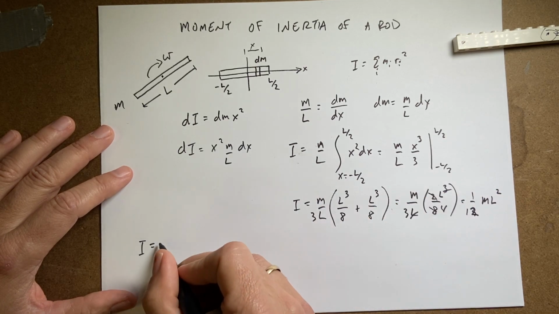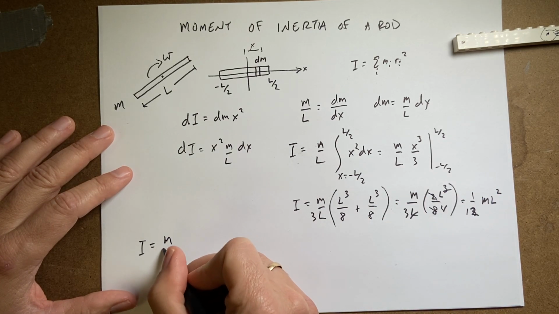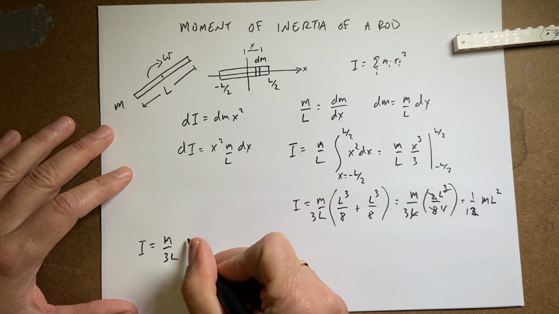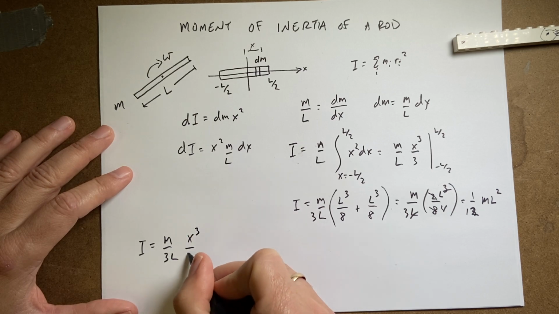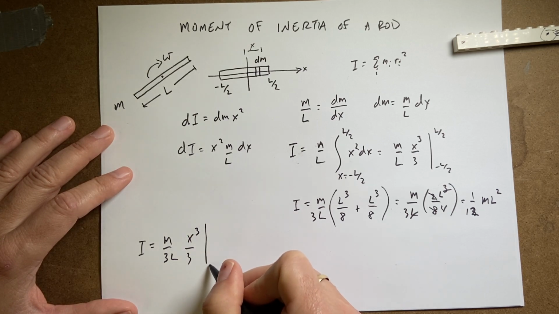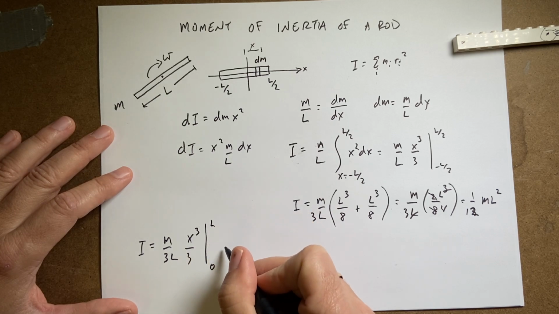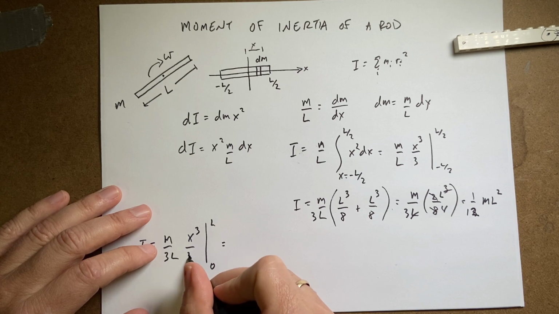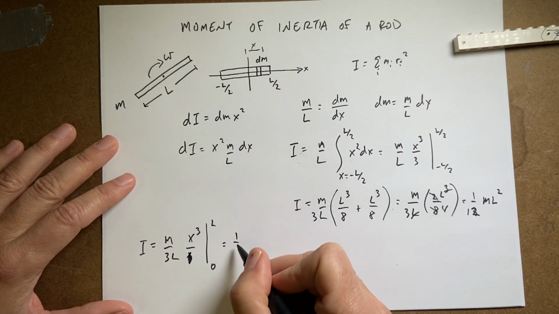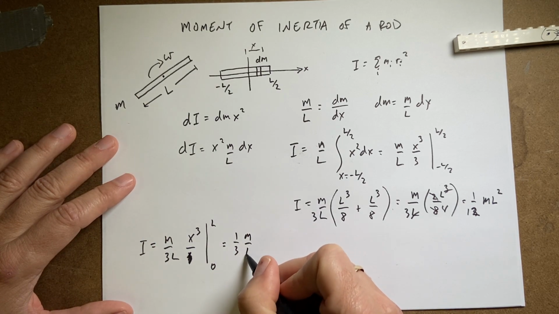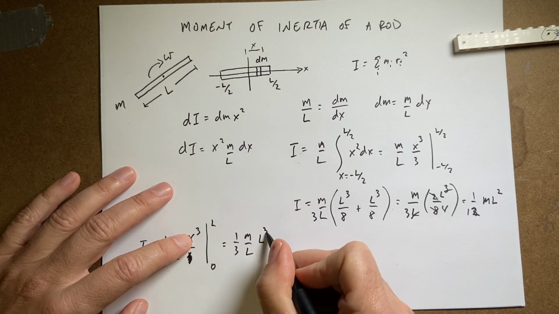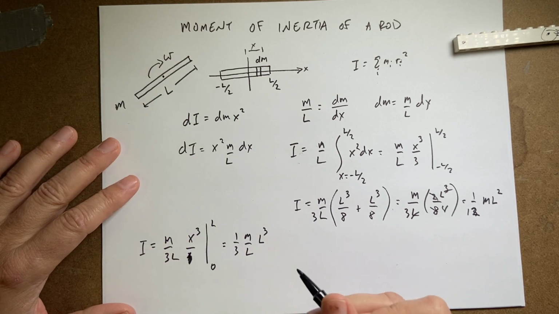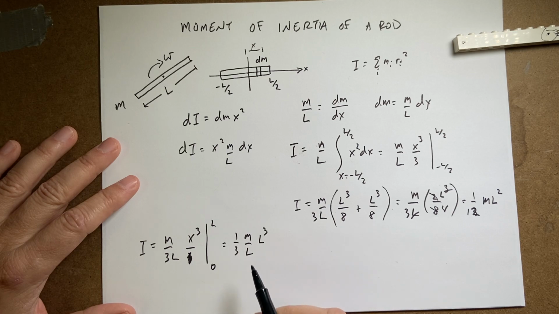It's going to be M over L times x cubed over 3 from 0 to L. So I get 1/3 M over L times L cubed minus 0. So that's it, 1/3 M L squared. That's the moment of inertia about the end.